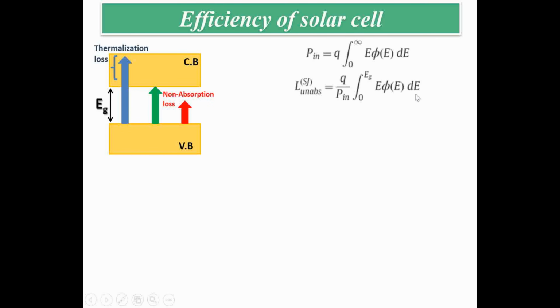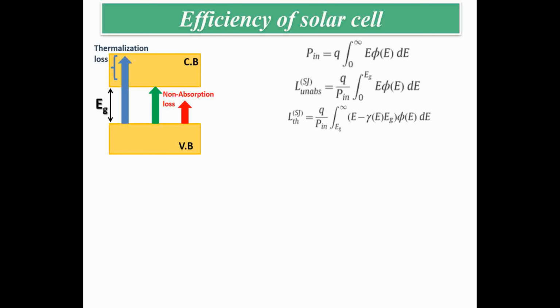Now the next loss is thermalization loss. Thermalization loss is the energy of the photon minus EG. Minus EG, that is the lost part; EG is the utilized part. Now suppose the energy of the photon is more than twice or thrice the band gap.